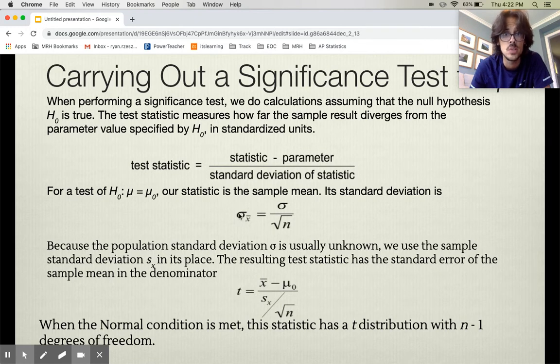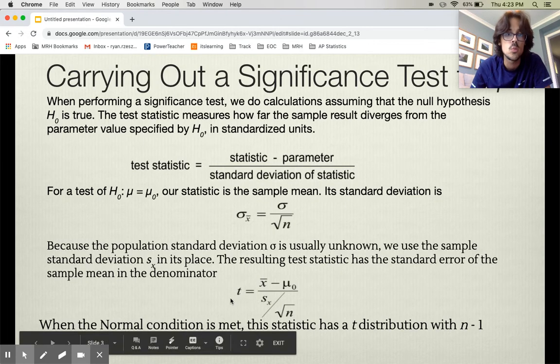That was the formula for the standard deviation of x bar's sampling distribution. But that uses real sigma, and we don't actually know sigma most of the time, because that's the population standard deviation. So what we do is we sub in that s, and when you sub in s for sigma, that's when you need to use the t distribution.